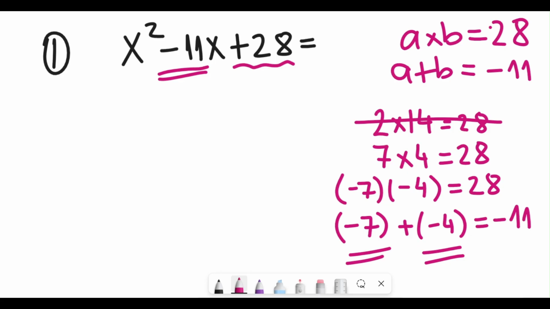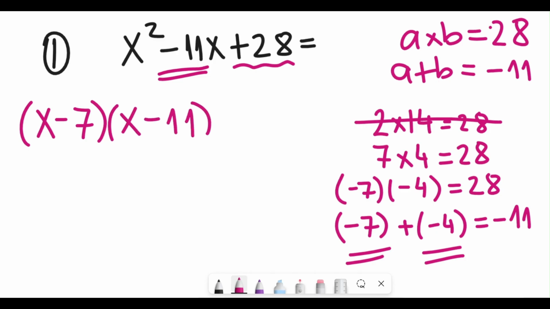I told you, the shorter way would be (x − 7)(x − 4). With that we are done. We just copy negative 7 from here and negative 4 from here.